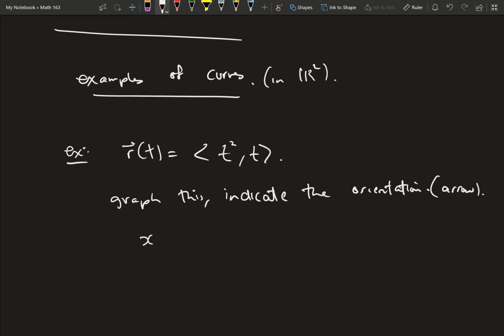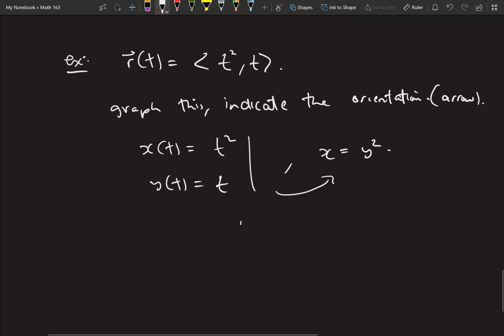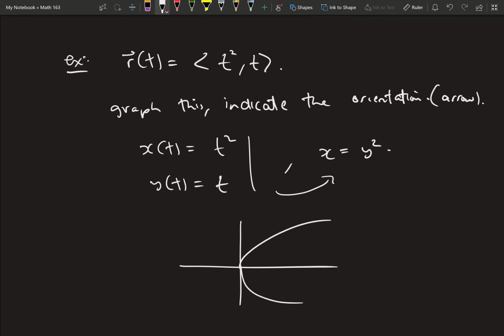So here we have x of t being t squared, and y of t being t. So x is y squared. Based off of this, we can conclude that this is just the equation x equals y squared, and hence the graph is just the x equals y squared graph.